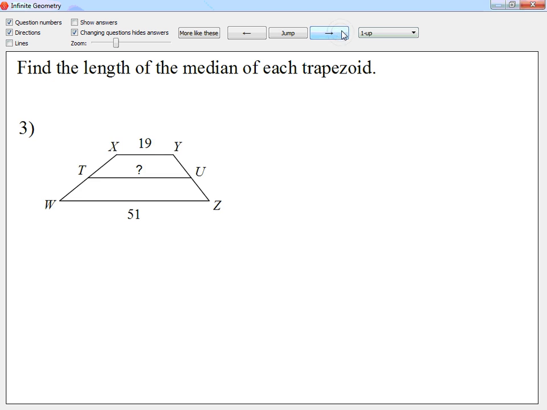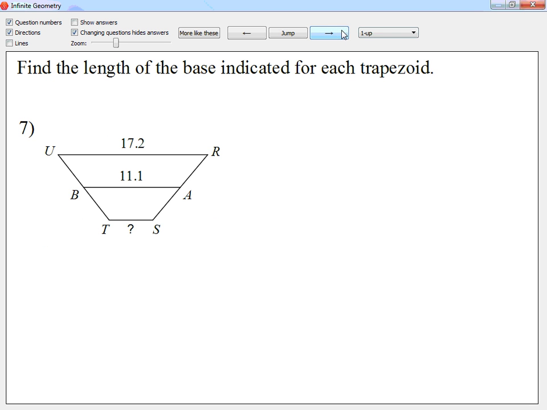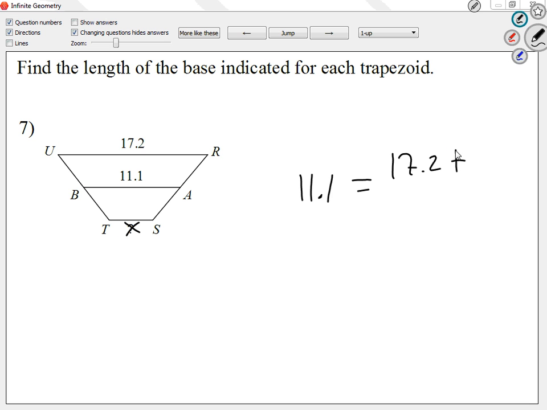So I gave you guys some questions that are just the median, like the first 6. Now question number 7, the question mark is on the base. So let me call it X for right now. I'm just going to say 11.1 is equal to 17.2 plus X over 2.